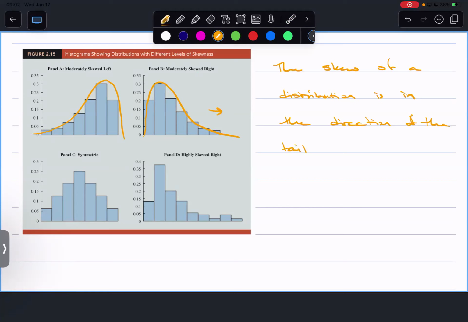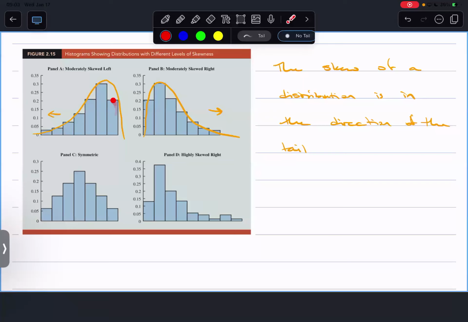So here, this one is skewed to the left, right? It's unimodal because it has one peak, and this is unimodal because it has one peak, but this one is skewed to the left and this one's skewed to the right. And I do find that typically, at least as we're beginning, right, that's a little bit counterintuitive because usually in a lot of different fields, we want to talk about the most frequently occurring thing.